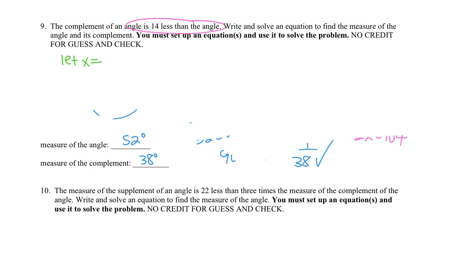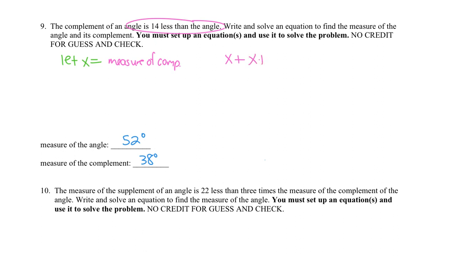And let's look at if we said x being the complement. So if you say let x equal the measure of the complement, then I had people do, okay, well, the complement plus the original angle, which would be x plus 14, because the original angle is bigger than the complement, that equals 90.